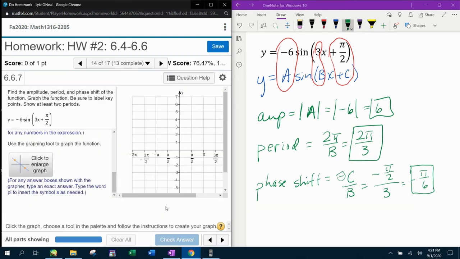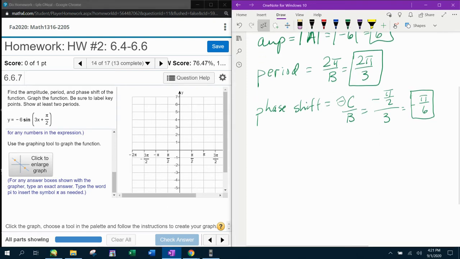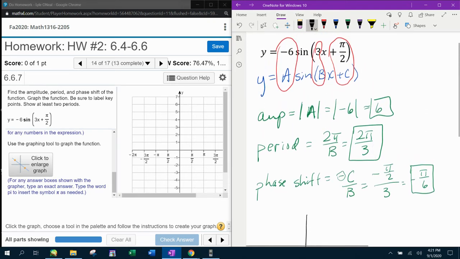And then we can look at the graph. So we're going to graph this manually first, and then we'll graph it electronically. Using the 6-step method of graphing a sinusoidal function, step number 1 is the starting point, and that is determined by the trig function.